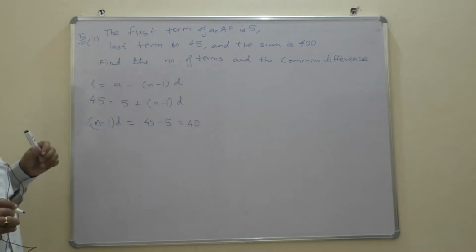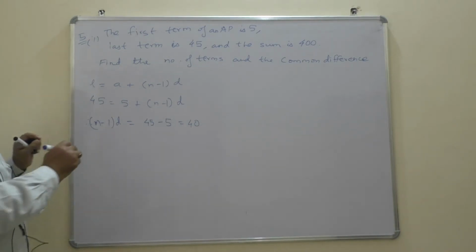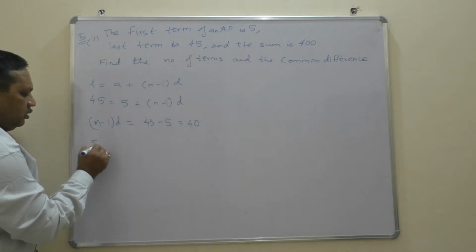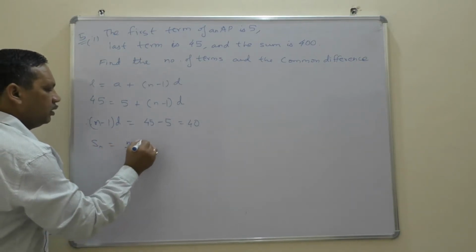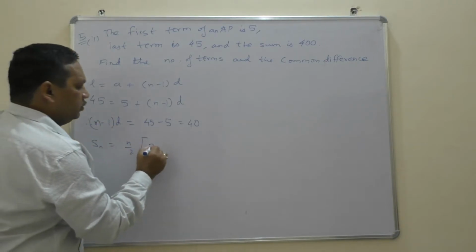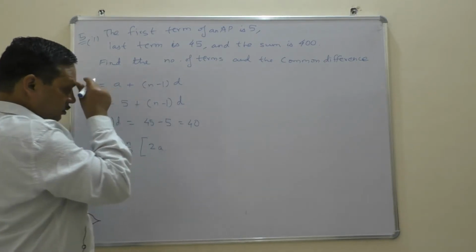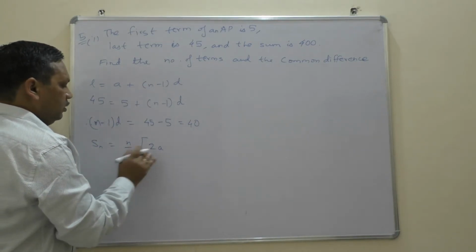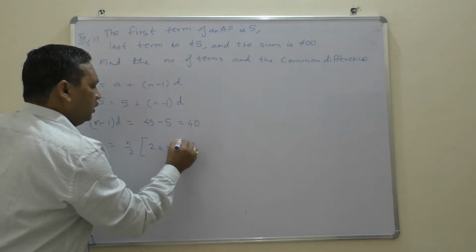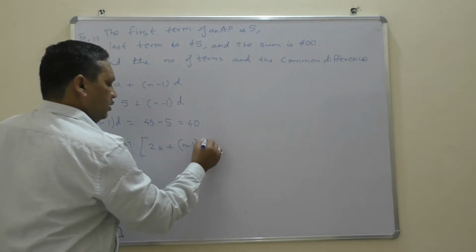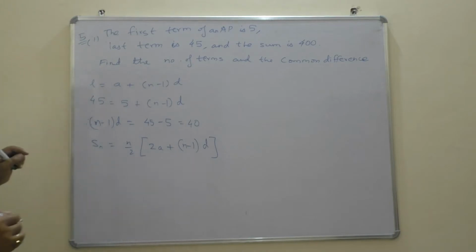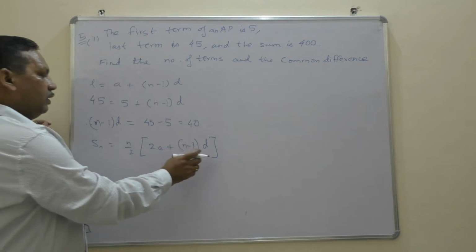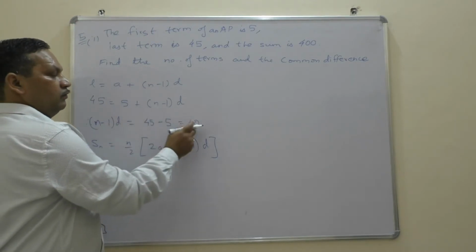Now the sum of n terms. It is n by 2 into 2a plus n minus 1 d. Now what is n minus 1 d? 40.